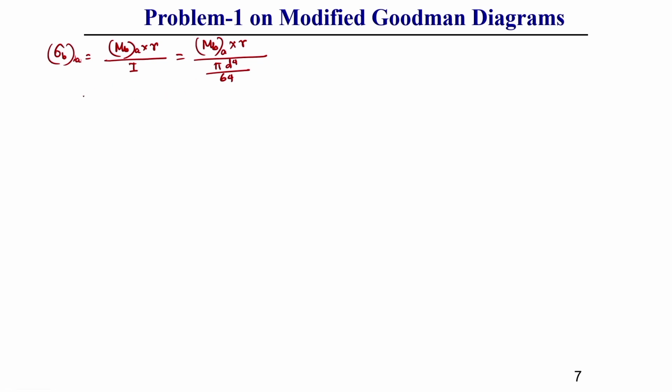After putting the values, MB amplitude, r equal to 5, and d equal to 10, these are the things you should keep in mind.